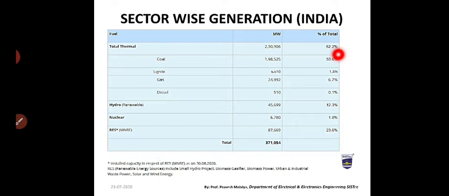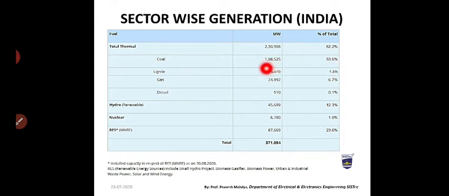This thermal power plant share covers coal-based, lignite-based, gas and diesel-based power plants. Electrical energy produced by thermal power plants is the highest, that is 62.2%, and thermal power alone generates 2,30,906 megawatts of electricity. If we talk about an individual performer, coal-based thermal power plants cover more than 50% of the share, that is 53.6%.